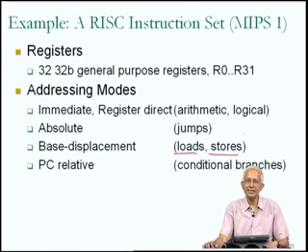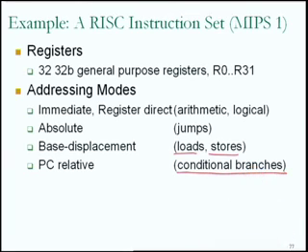Finally, the PC relative displacement, which I spoke about a few minutes ago, is also used in the MIPS1 instruction set. In particular, it is used by conditional branches. And I had indicated in the previous lecture that I will use the term conditional branch or just branch to refer to a control transfer instruction which has a condition. So if the condition is true, then the branch control transfer takes place.